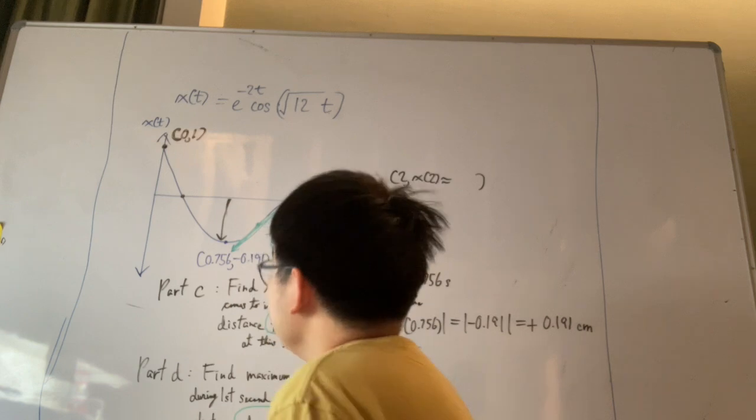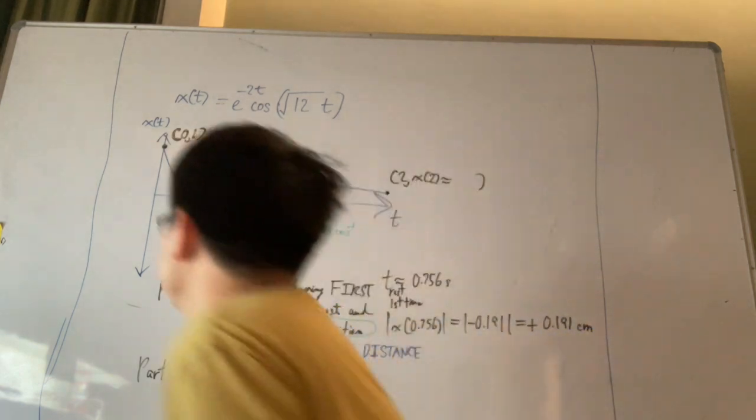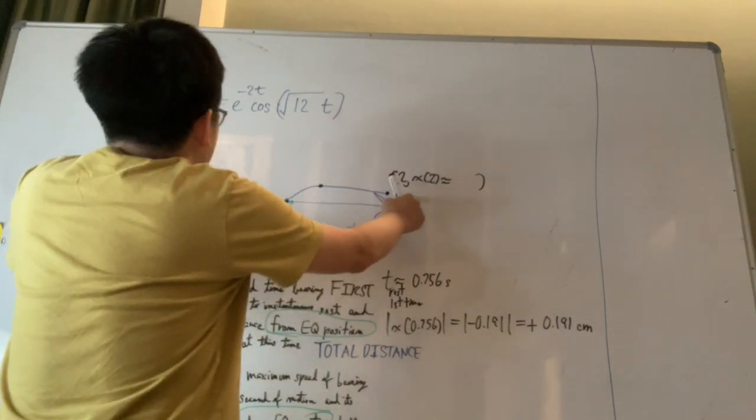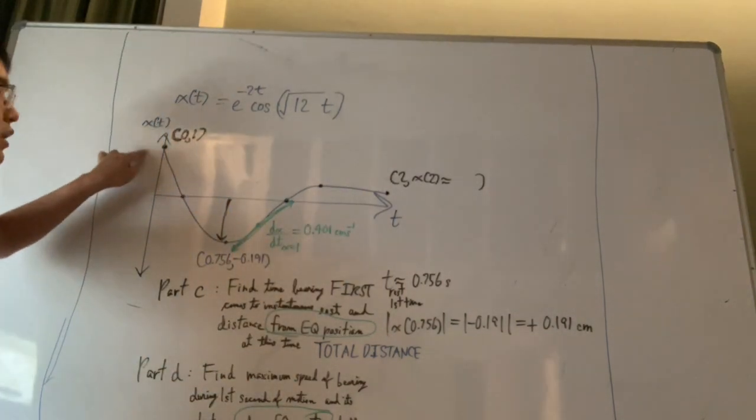So, in short, you need to pay attention to the key points, which would be the endpoints of your graph in question. So 0 and 1.